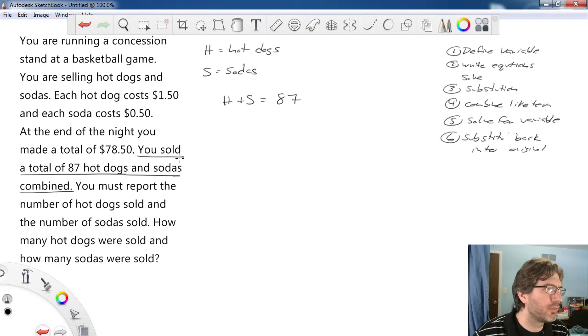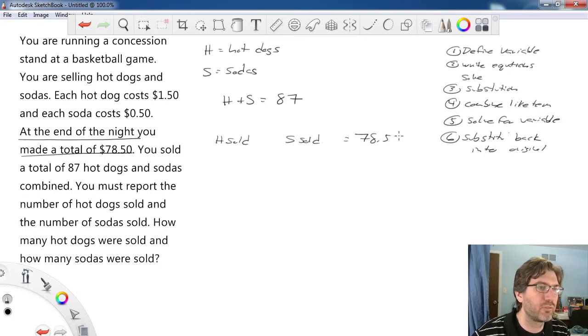My other one I need to know was what I first underlined, and that's coming from this section here. I made a total of $78.50. So hot dogs sold and sodas sold has to come out to a price of $78.50.